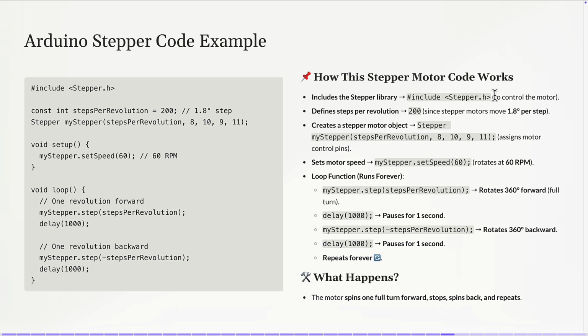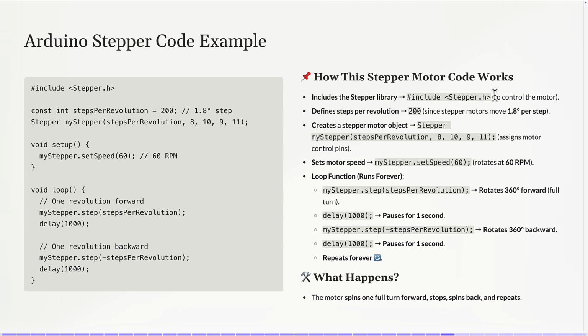This is a sample Arduino code showing how we can do it. First of all, we include the library Stepper.h and define the steps per revolution, which may depend on the stepper motor. Let's assume that we have 200 steps per revolution, which makes 1.8 degrees per step.